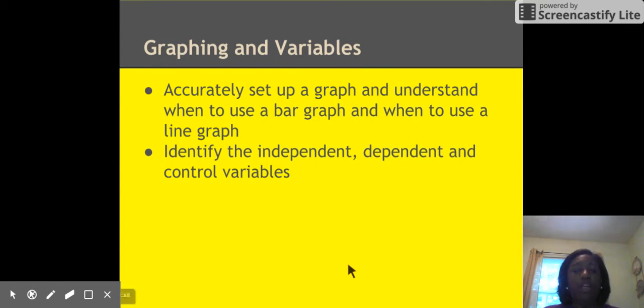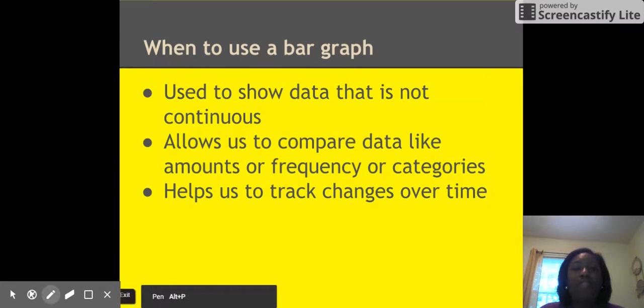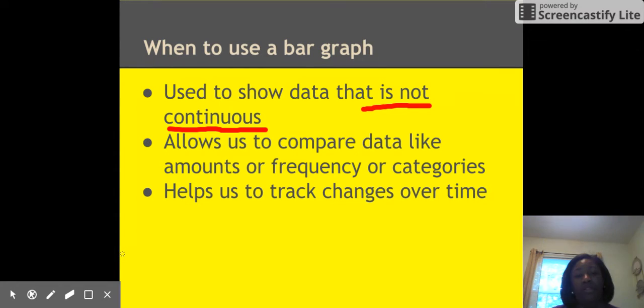Okay. So when we're talking about setting up a graph, we're going to be talking about a bar graph. It is going to be used to show data that is not continuous. For example, this could be about rainfall during the different months of the year: January, February, March, April, May, rainfall data.